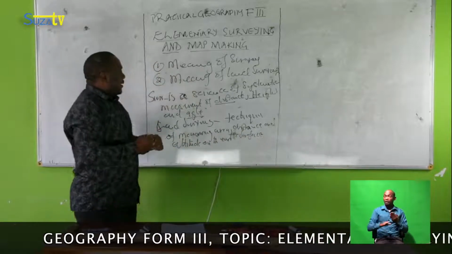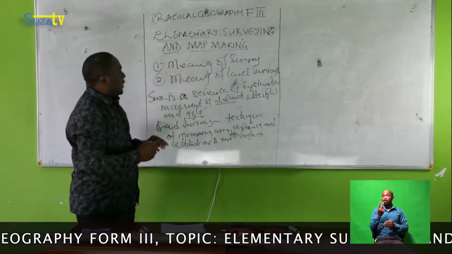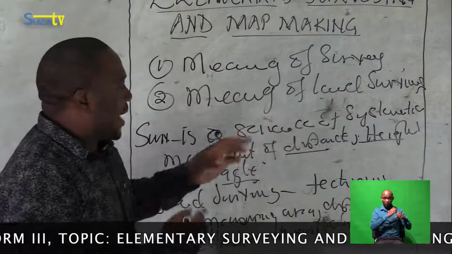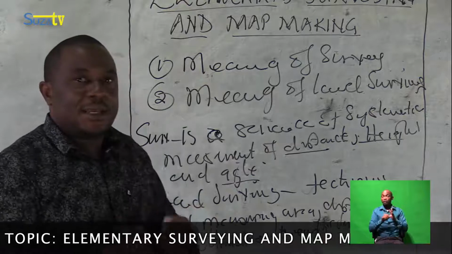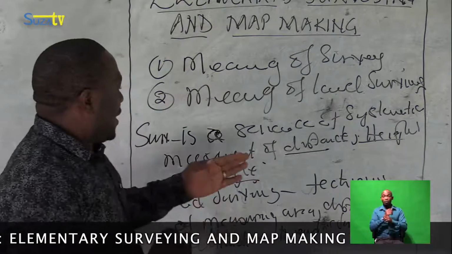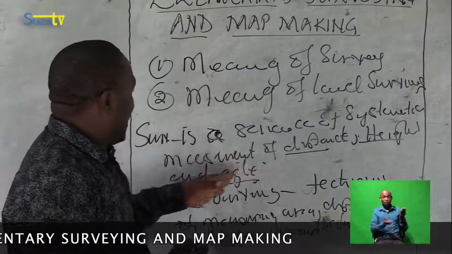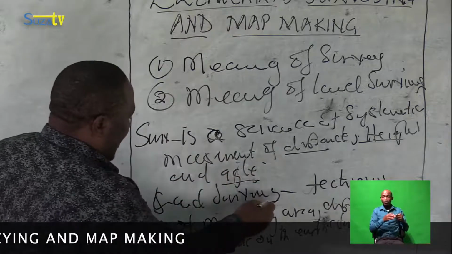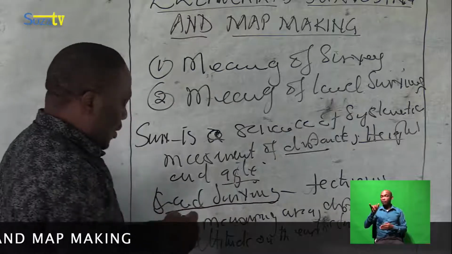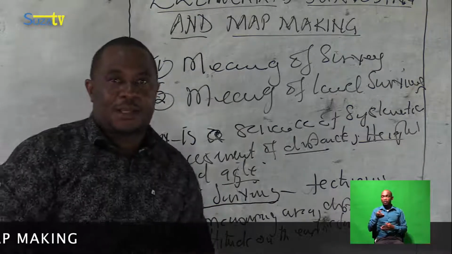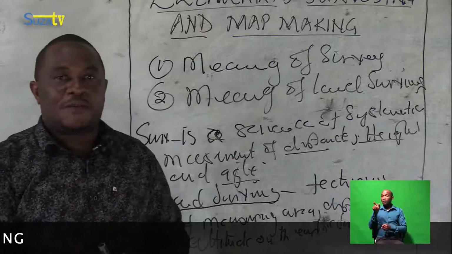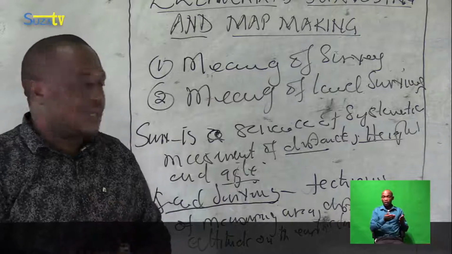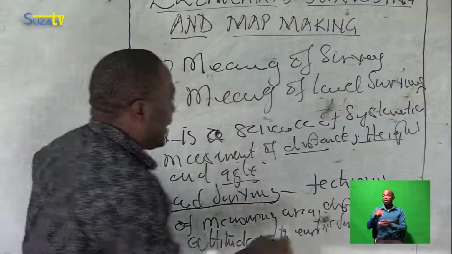So these 2 terms, when we look, we can say survey is a science. This means it is knowledge which a student or a person needs to have in order to measure distance, height, and angle. But when you say surveying, this is physical work, or field work. The people are going to the field in order to carry out the activity of measurement. So these activities are techniques.